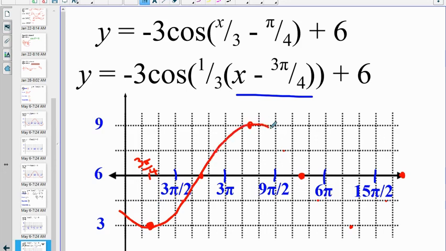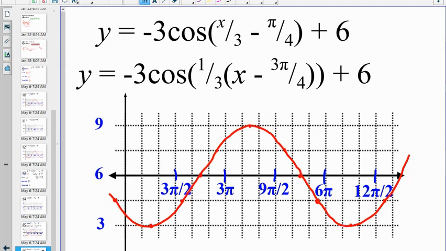And here we go. Not perfect, but not too bad either. I'll switch over to the one that I did a little bit more carefully. And there we go.